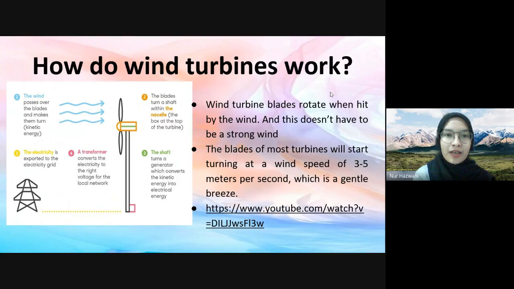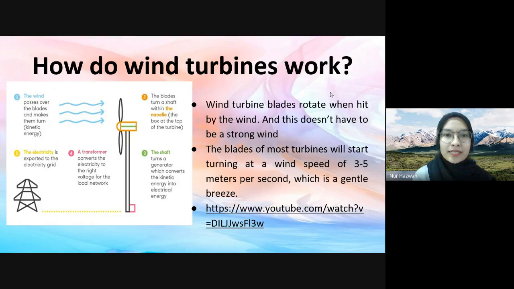From the picture that we put in this slide, the first step is the wind passes over the blades and makes them turn, and this is called kinetic energy. The second step is the blades turn a shaft within the nacelle.